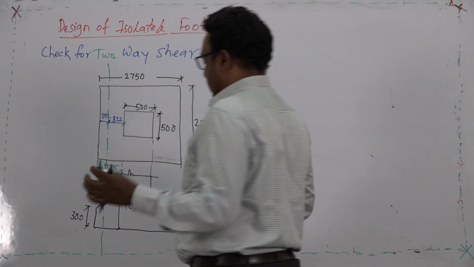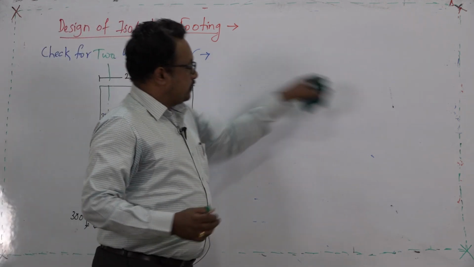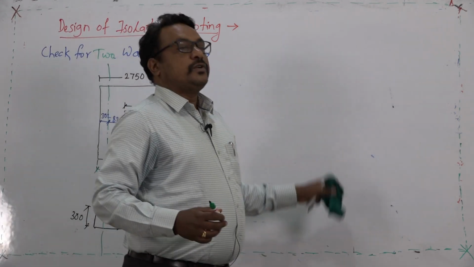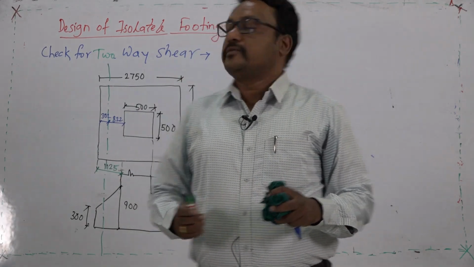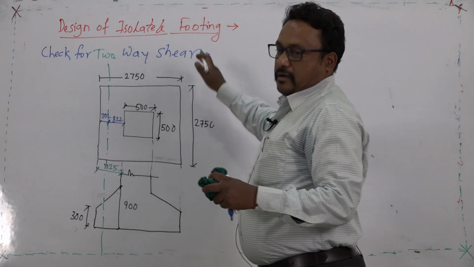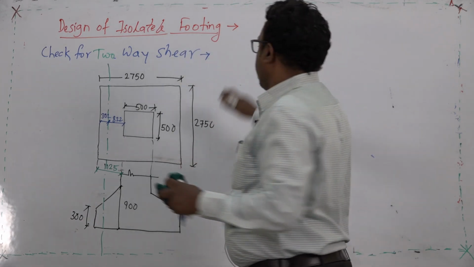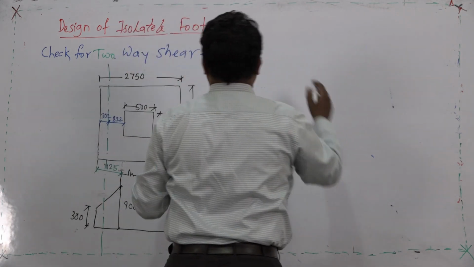There are two categories of flat slab, with drop and without drop. At this particular point, you just need to understand that the criteria for the value of tau c in the two way shear, we are going to adopt from the design of the flat slab. So, let us now come to this check for two way shear.